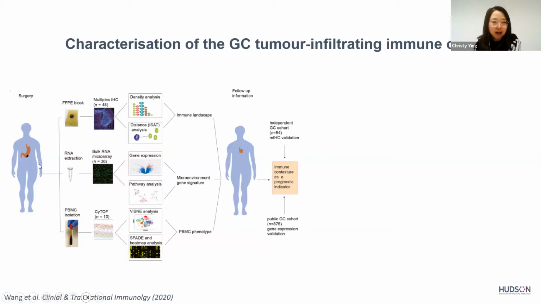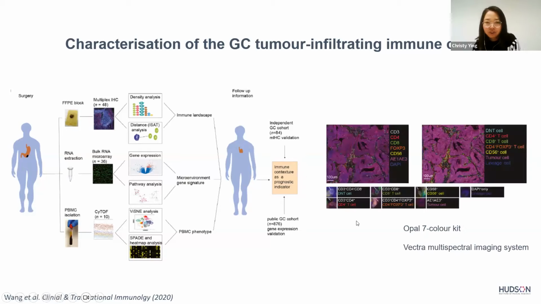We also got some RNA samples from those tumor samples and did RNA microarray analysis. We were able to get some blood samples, isolate PBMC, and also do CyTOF to look at more PBMC phenotyping. We combined all this information together with the follow-up information from patients to characterize a promising prognostic marker.